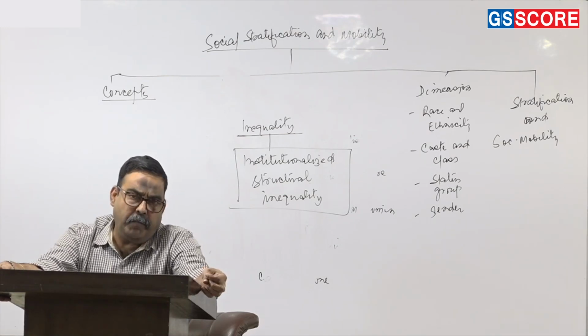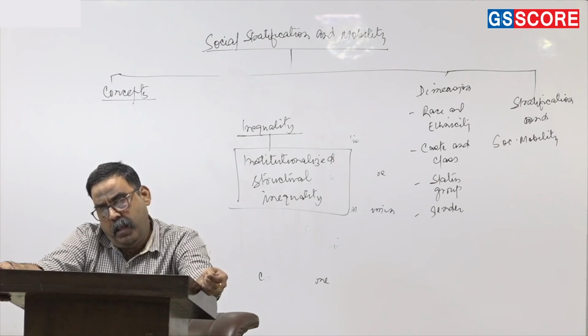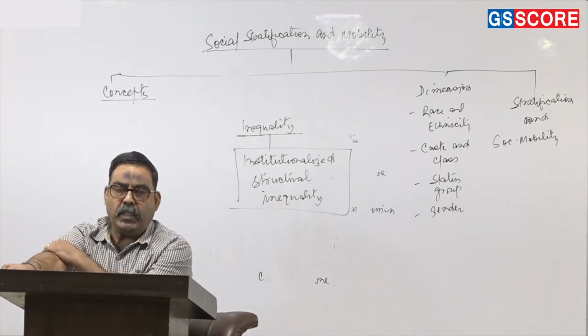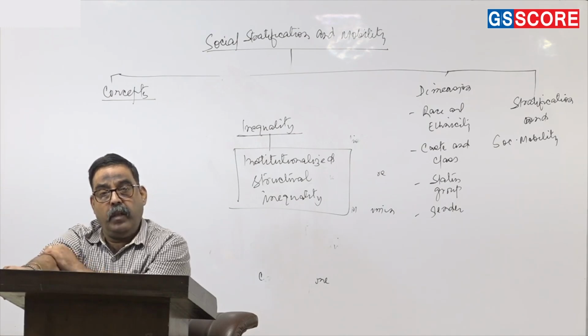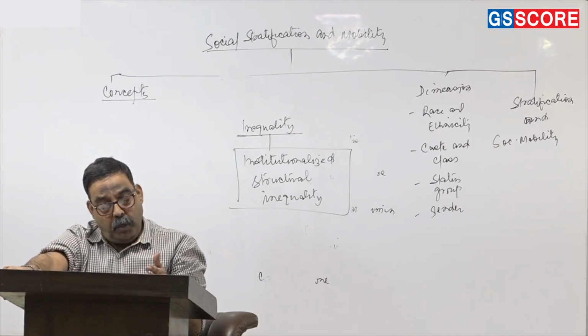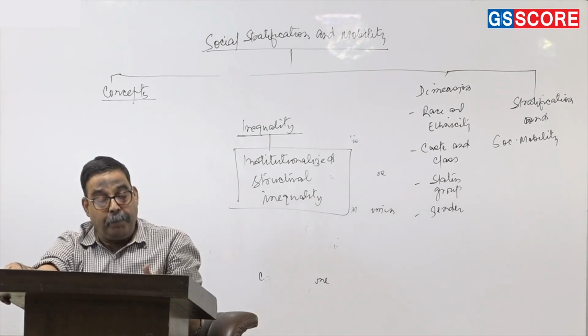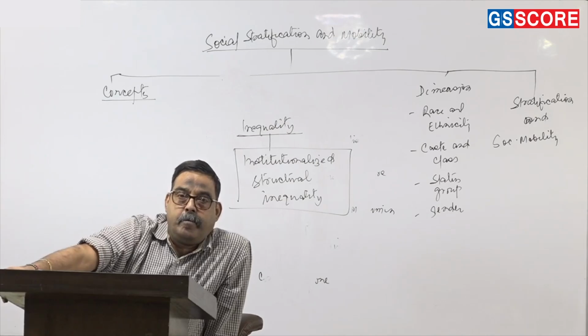However, you might be aware that at a very early time in social stratification, the work of Pitirim Sorokin seems to be the most significant one, who views social mobility as a shifting of people in the social space.